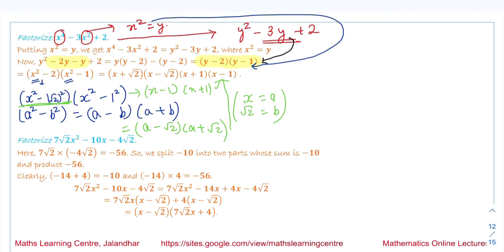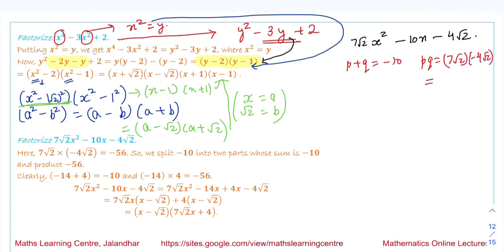Now in the next question, it is 7 square root 2 x square minus 10x minus 4 root 2. So what we have to do in this case is, we have to find the numbers. We are saying it is 7 root 2 x square minus 10x minus 4 root 2. It means p plus q should be equal to minus 10 and p into q should be equal to 7 root 2 into minus 4 root 2.